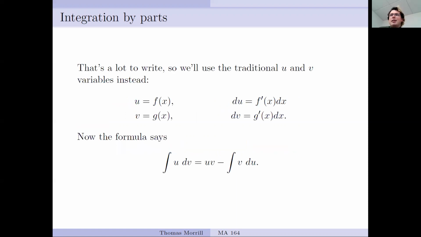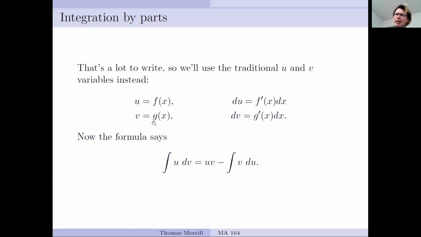Now, the convention mathematicians like to use is the variables u and v. And that's what I'll be using here just so we can follow along with the book. I'm going to use the letter u to mean the function f of x. And I'm going to use the letter v to mean the function g of x.